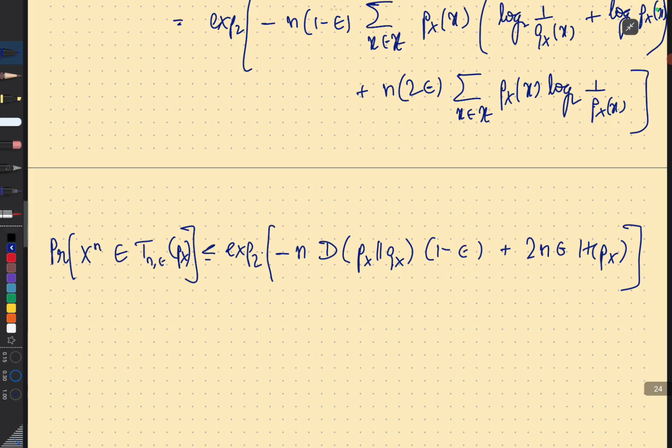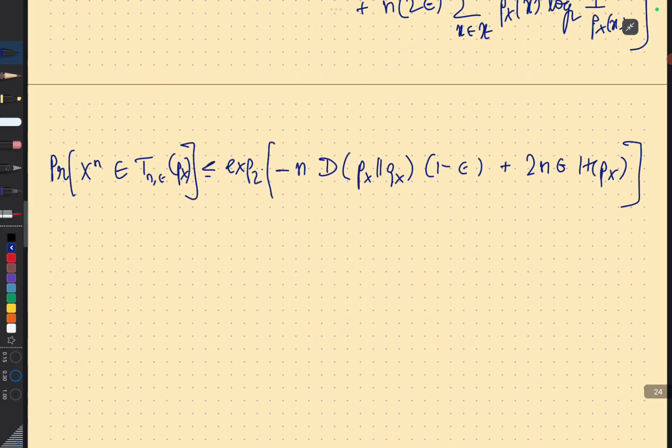It shouldn't be very close to p_X, right? So the probability that the empirical frequencies of x^n distributed according to q_X will behave like the empirical frequencies of p_X should be very, very small. And this probability should become smaller and smaller as p_X and q_X are farther apart.